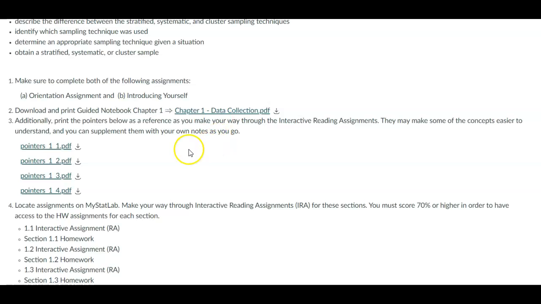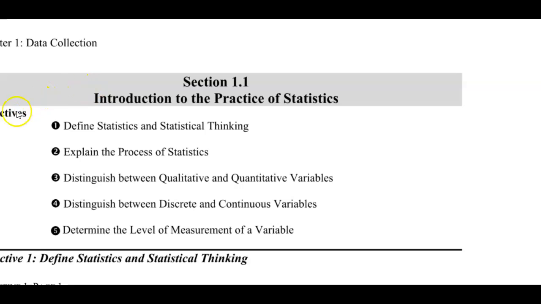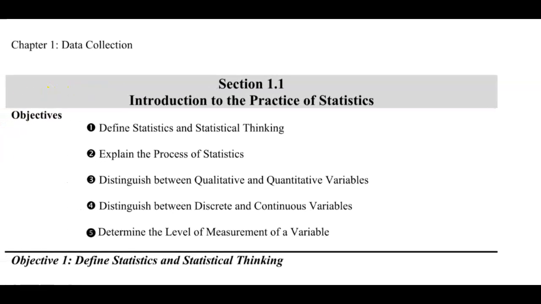I'm going to go back here, where you'll access your first assignment, which says 1.1 Interactive Assignment. I'm also going to show you the guided notebook in this form. When you download it, it starts with section 1.1, Introduction to the Practice of Statistics, and then gives you the objectives.